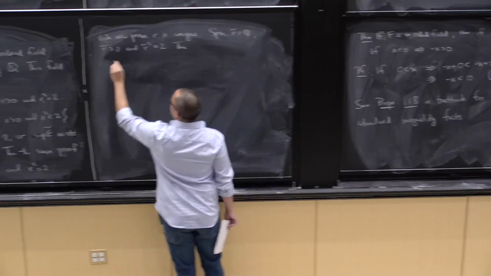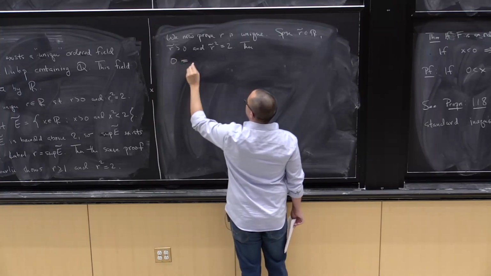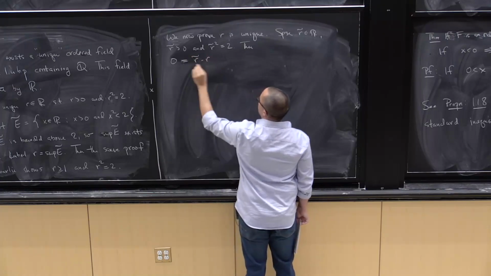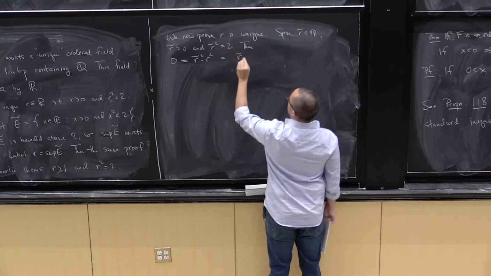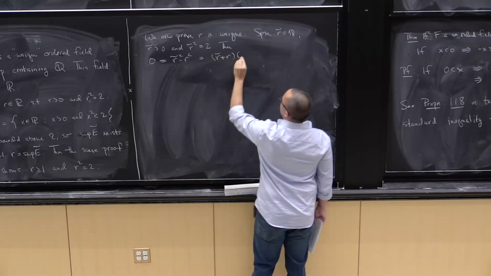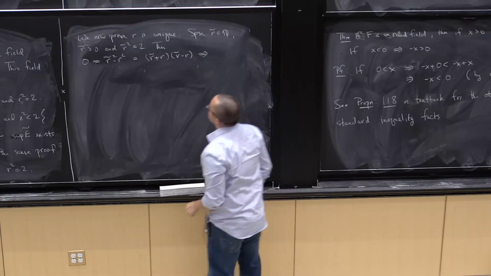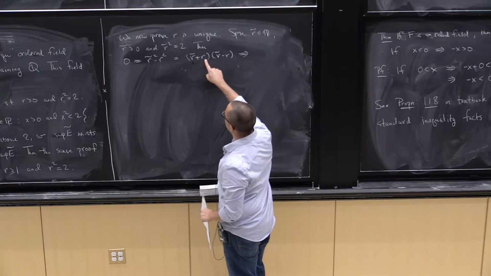Then, since their square is the same number, namely 2, 0 is equal to r tilde squared minus r squared, which equals r tilde plus r times r tilde minus r. Now, both r and r tilde are positive, so r plus r tilde is positive.